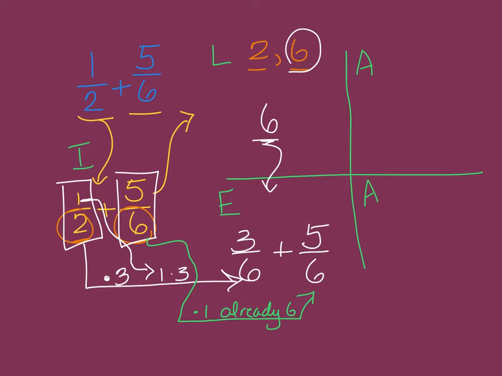My next step is to add. I'm only adding the numerators. So for now, I'm going to ignore both of the denominators when I bring them up here, and I'm going to be adding 3 plus 5. Whoops, sorry about that. It's 3 plus 5. 3 plus 5 I know is 8. I bring my 8 down here for my final answer, and the denominator stays exactly the same, so it's 8/6.